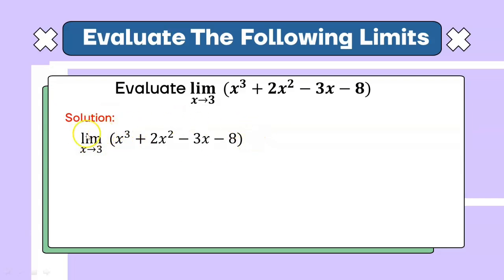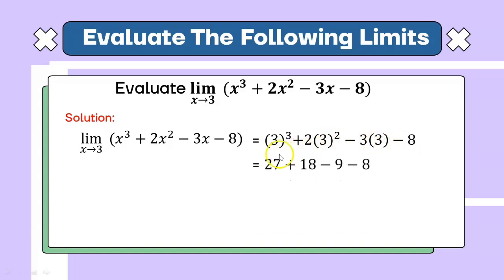So the limit of x cubed plus 2x squared minus 3x minus 8 as x approaches 3 is equal to 3 cubed plus 2 times 3 squared minus 3 times 3 minus 8, which is equal to 27 plus 18 minus 9 minus 8, which is equal to 28.